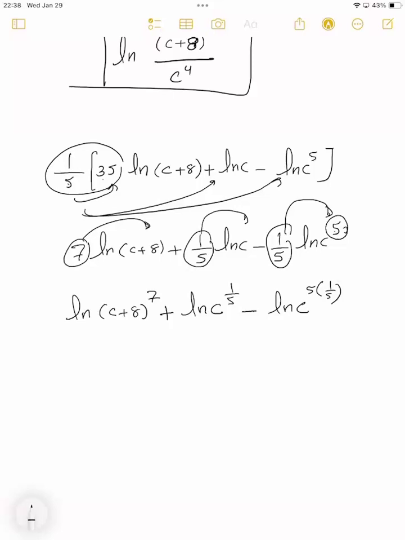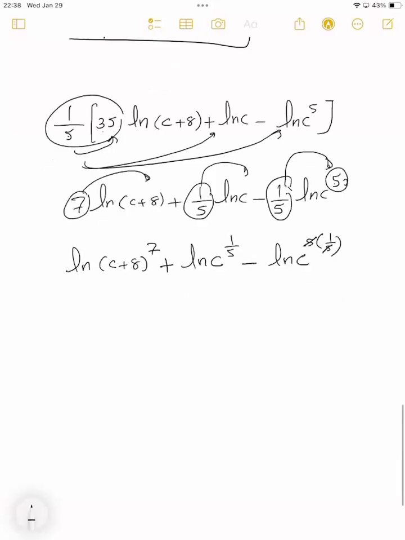So you have 5 times 1/5. 5 and 5 cancel each other, you get ln of c. So 1/5 times 5 is 5 over 5, which is 1. So that's why this whole thing becomes 1.